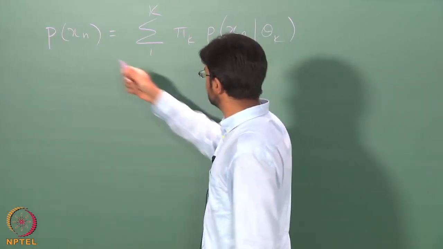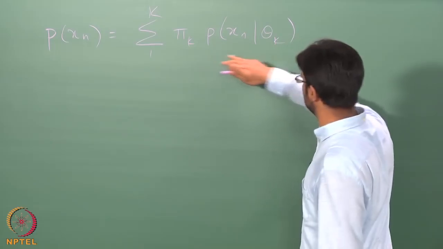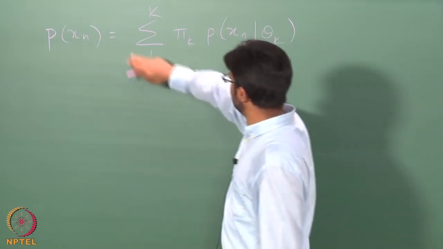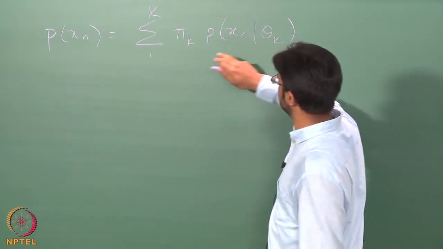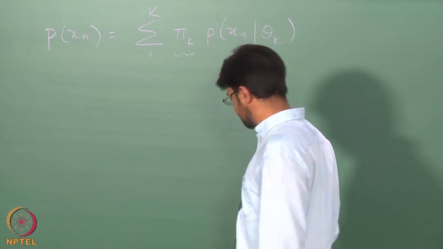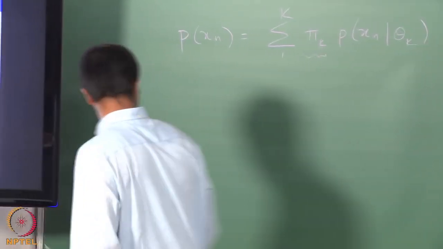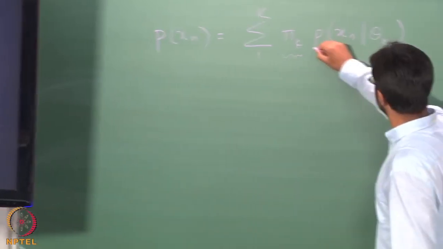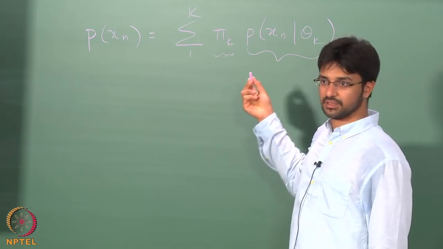So, the density is given by a linear combination of different probability densities, and here we have k components, and each of these components has a mixture weight. So, this pi k is called a mixture weight or a mixing coefficient, right. So, this probability here can assume different parametric forms.